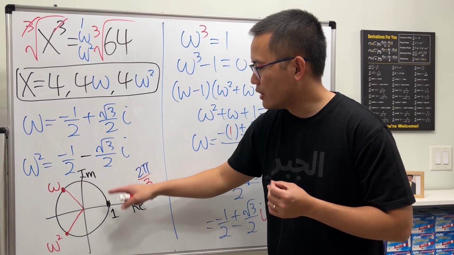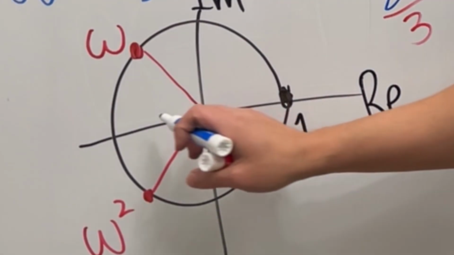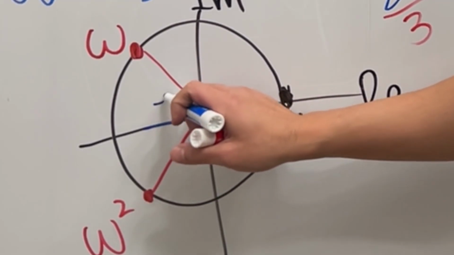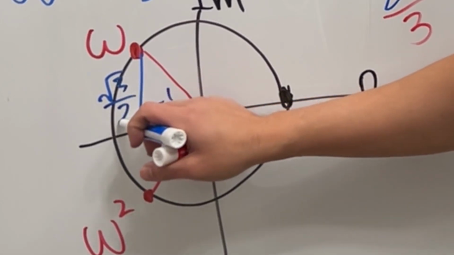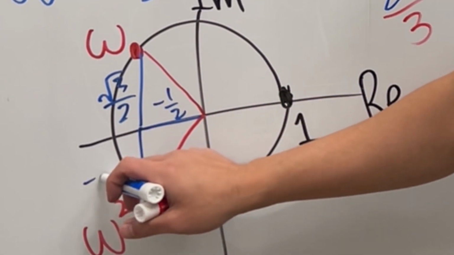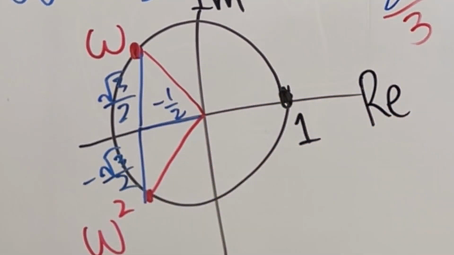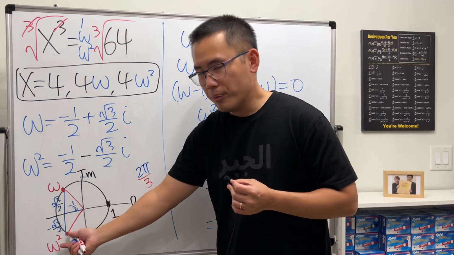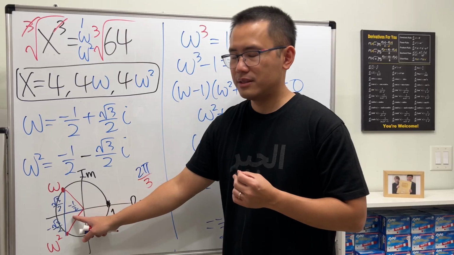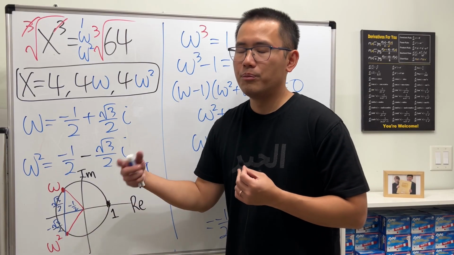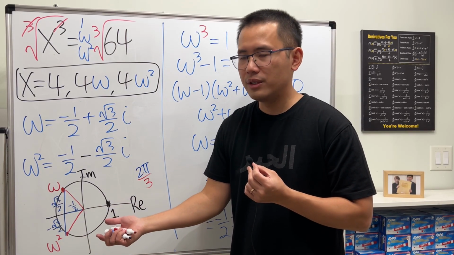And the negative version is actually just down here. Let me just write this down real quick. This is negative 1/2. So it should remind you of the unit circle. And if you take omega squared right here and rotate it 3 times, well, this is 240 degrees. Multiply by 3, you get 720 degrees.